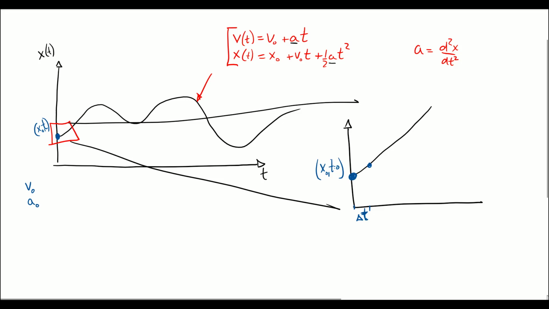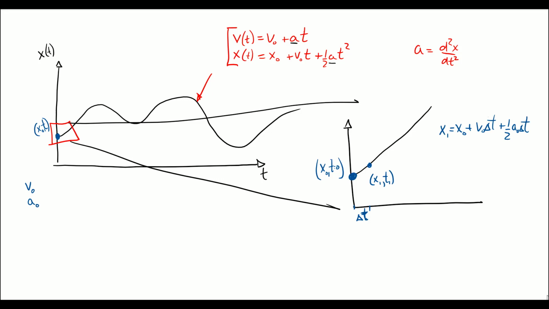So if we wanted to find out what this position x1, t1 is, we can use those equations. And what we would say is, well, x1 is going to be x0, the position here, plus v0 times delta t plus 1/2 a0 times delta t squared, right?